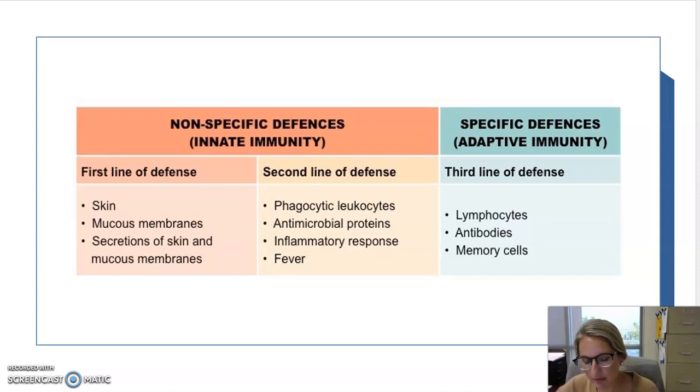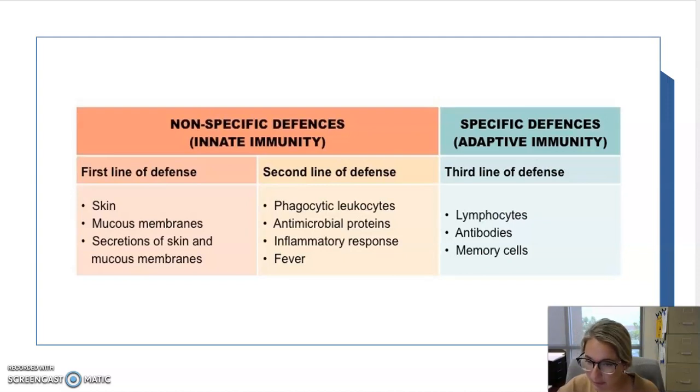So innate immunity is nonspecific, meaning it is going to act the same regardless of what type of infectious pathogen you have acquired. So whether it be virus or bacteria or fungi, we all have inherent innate immune responses that are going to act the same regardless of microbial agent.